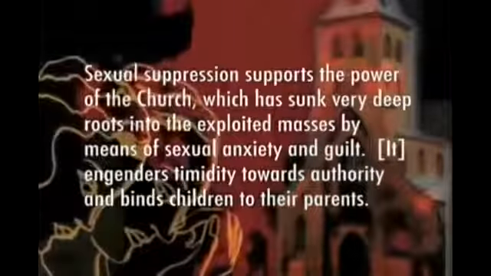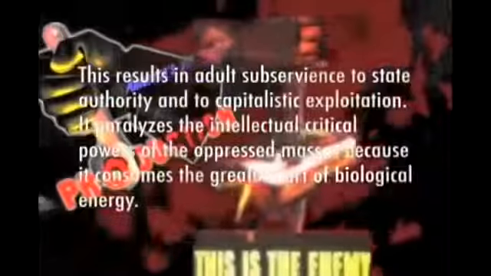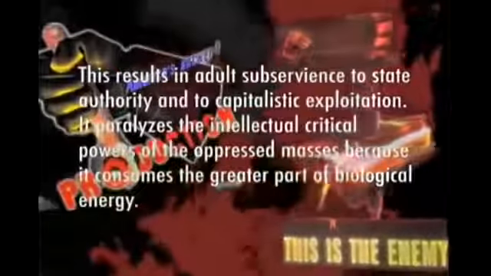In a similar way, Wilhelm Reich stated that whole societies suffer from a psychosis caused by starving our organic biological impulses. He states that sexual suppression supports the power of the church, which has sunk very deep roots into the exploited masses by means of sexual anxiety and guilt. It engenders timidity towards authority and binds children to their parents. This results in adult subservience to state authority and to capitalistic exploitation.